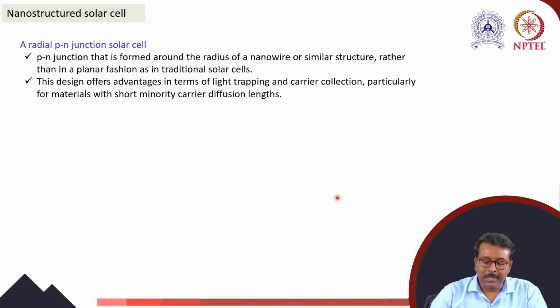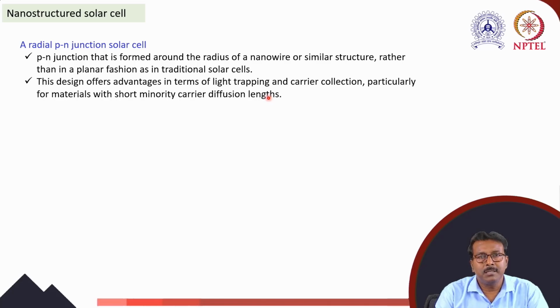This design offers advantages in terms of light trapping and carrier collection, particularly for materials with short minority carrier diffusion lengths. Let us explain. We have discussed thin film solar cells, organic solar cells, amorphous silicon based solar cells. We have seen that the diffusion length of carriers in such materials is very small.